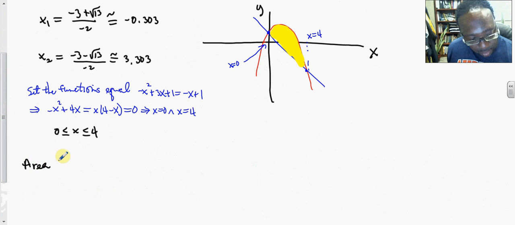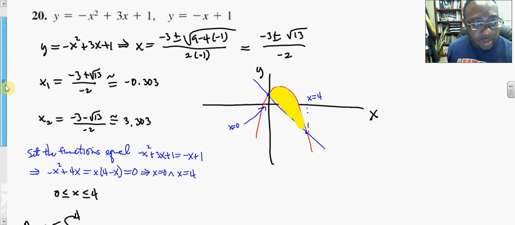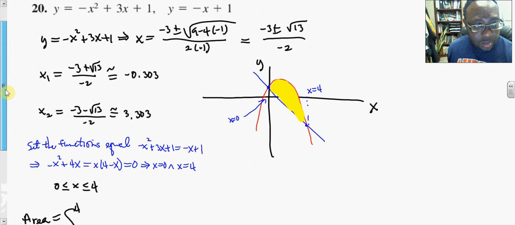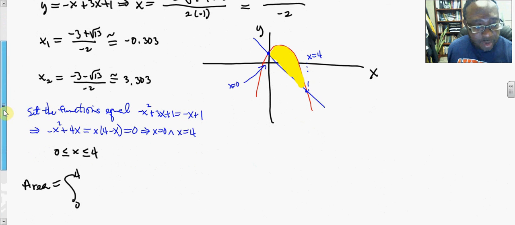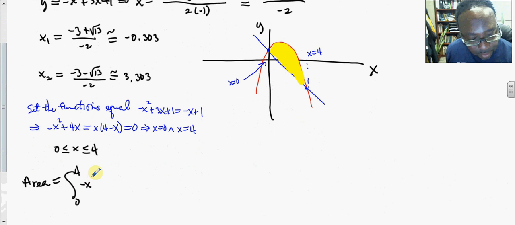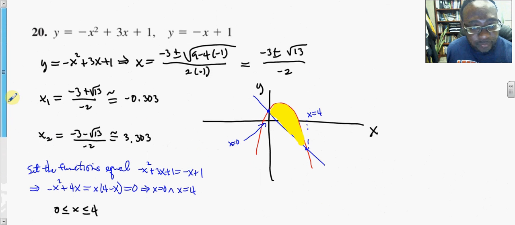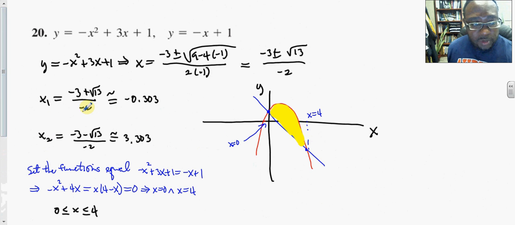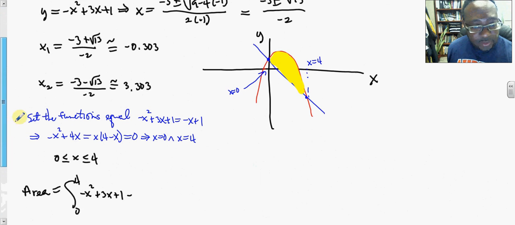So the area is equal to the integral from 0 to 4. The top function is that parabola, negative x squared plus 3x plus 1. Then minus the function below, the line, minus x plus 1.